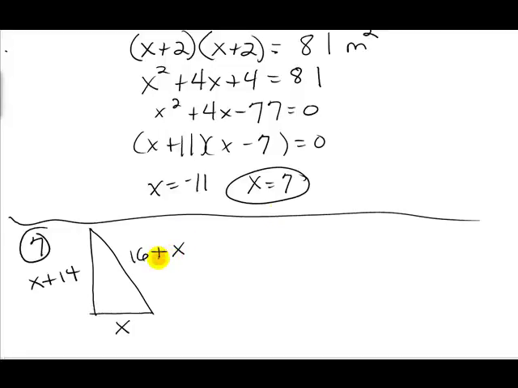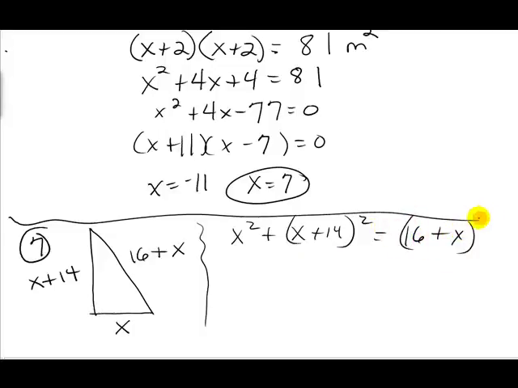Find the lengths. Again, we're going to use that Pythagorean theorem. So we're going to have x squared plus x plus 14, and all of that is squared, equals 16 plus x, and all of that is squared.